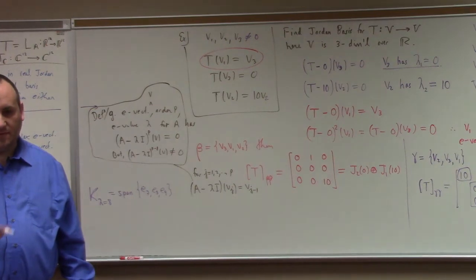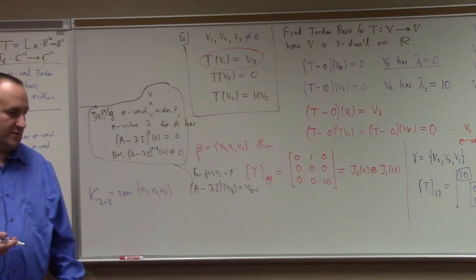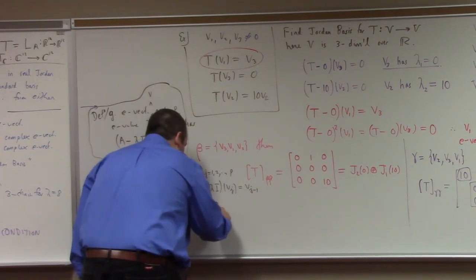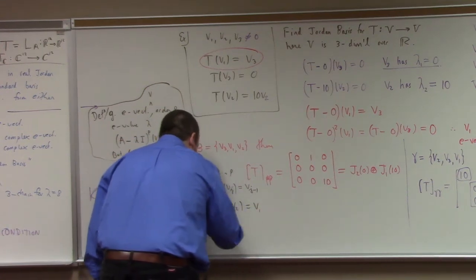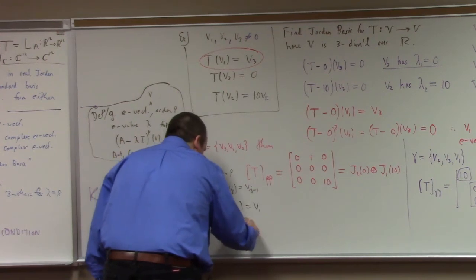It will force vp minus 1 to be a generalized eigenvector of order p minus 1, and so forth. This stack of chain conditions, so let's look at p equals 2. We've got (A minus lambda I) v2 equal to v1. We've got (A minus lambda I) v1 equal to 0.